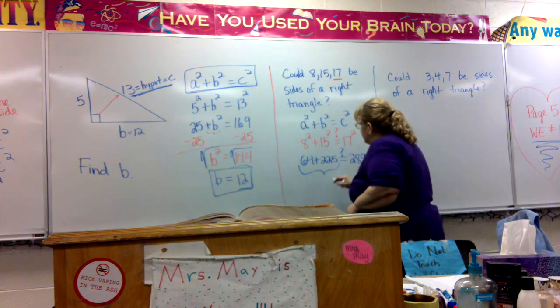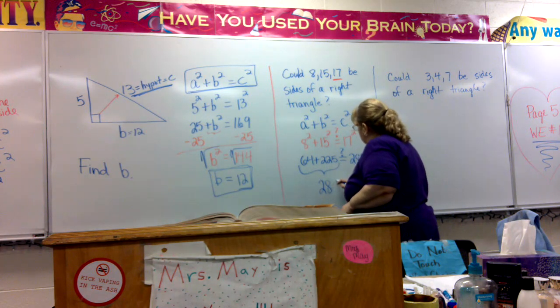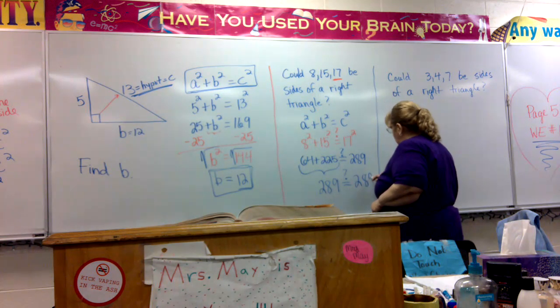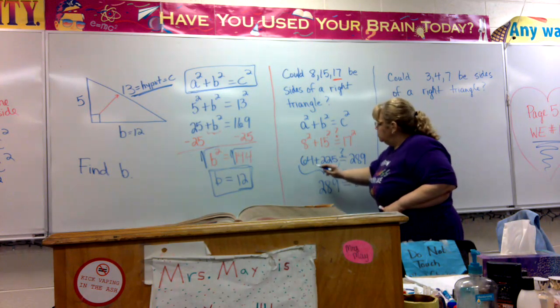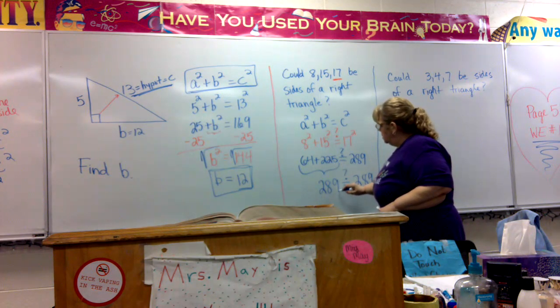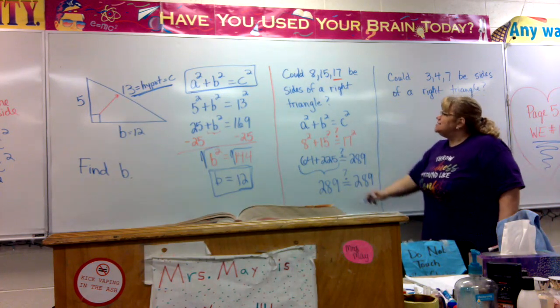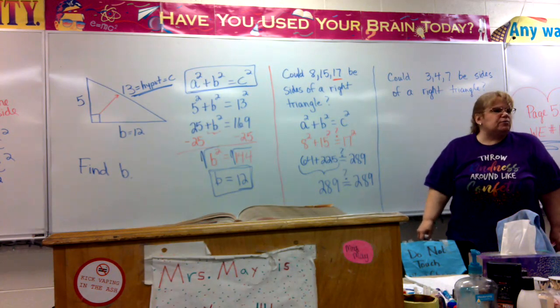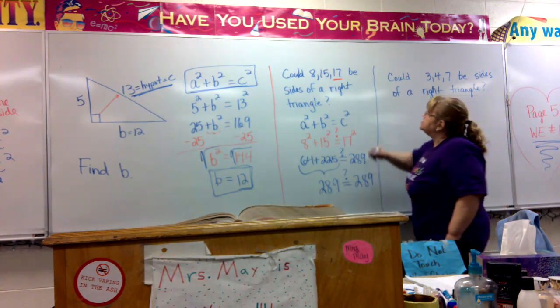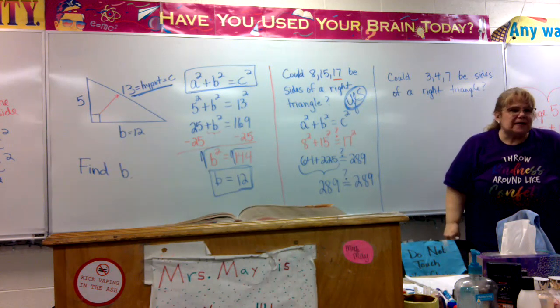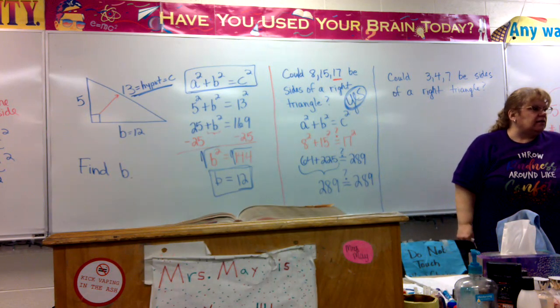If you add those up, what do you get? 5 and 4 is 9. 6 and 2 is 8. And then I got a 2. 289. So does this triangle follow the Pythagorean theorem? Does it work? Yes. You know what that means? Yes, it is a right triangle. Woohoo!